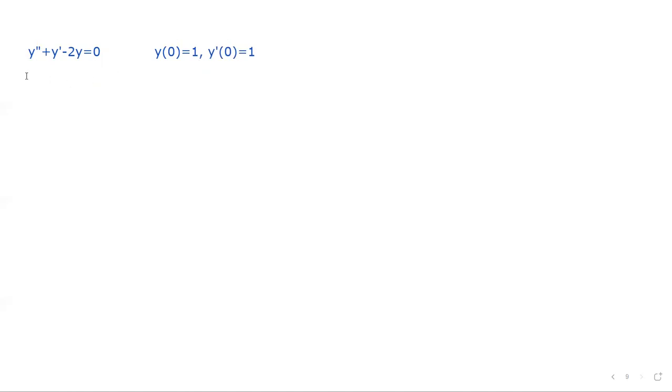So let's go about doing our business. Change to the characteristic equation. We can factor. So we know that r is going to equal -2 or 1.